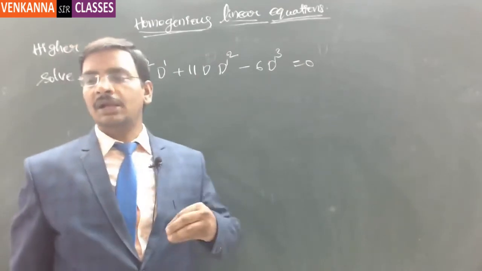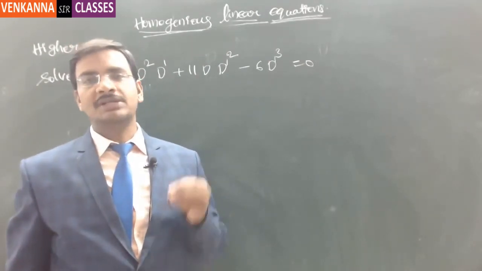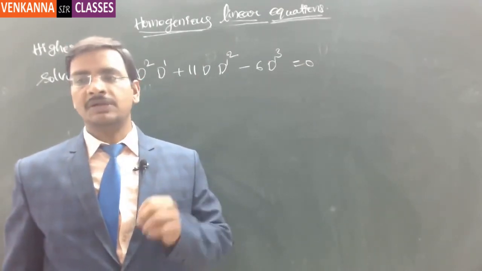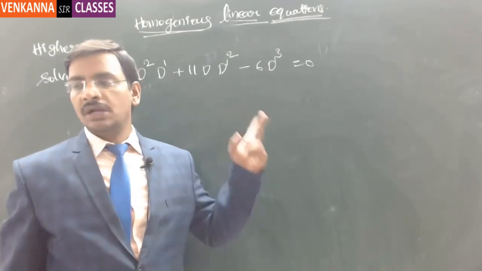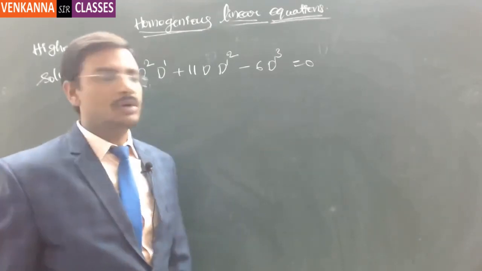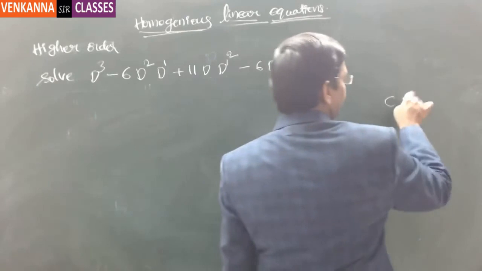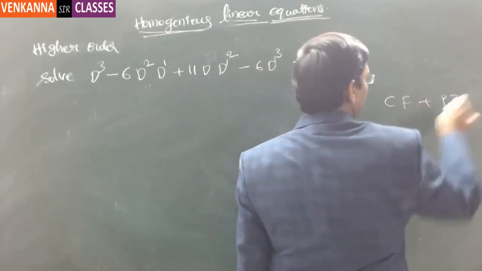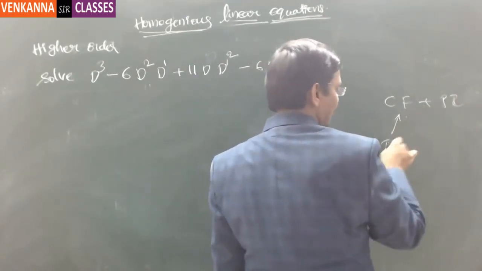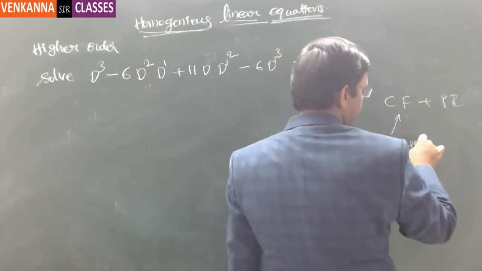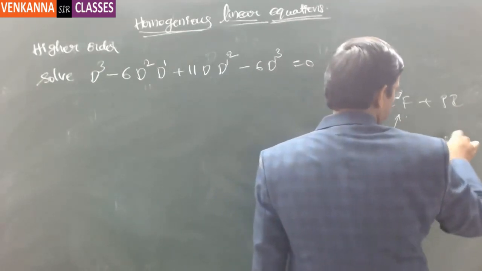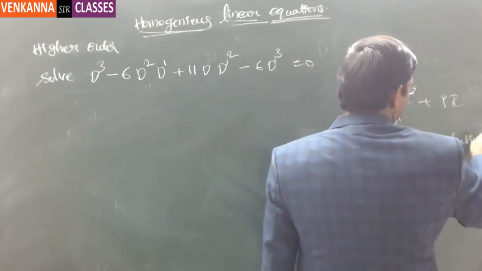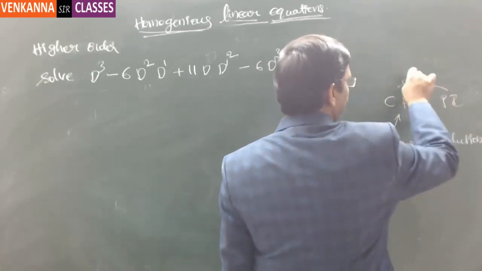In solving any kind of differential equation, whether an ordinary or a partial differential equation, there are usually two parts we find. One is the complementary function and the other is the particular integral. This is also called the transient solution, and this is the steady state solution.